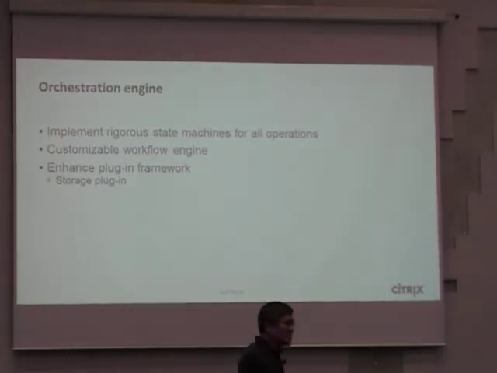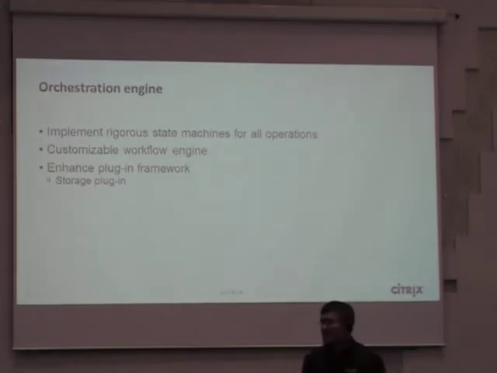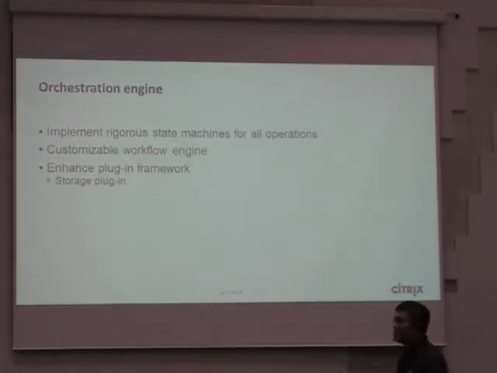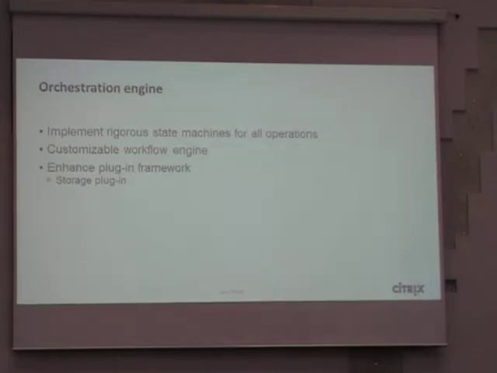Going back to this gentleman's question earlier about the rest of the slides, I'm going to talk a little bit more in detail about some of the architecture enhancements we'll be making. One of the things that the orchestration engine has to do is very regular state management, because when it orchestrates components, things fail all the time. And if an operation fails, it has to have a way to recover from that.